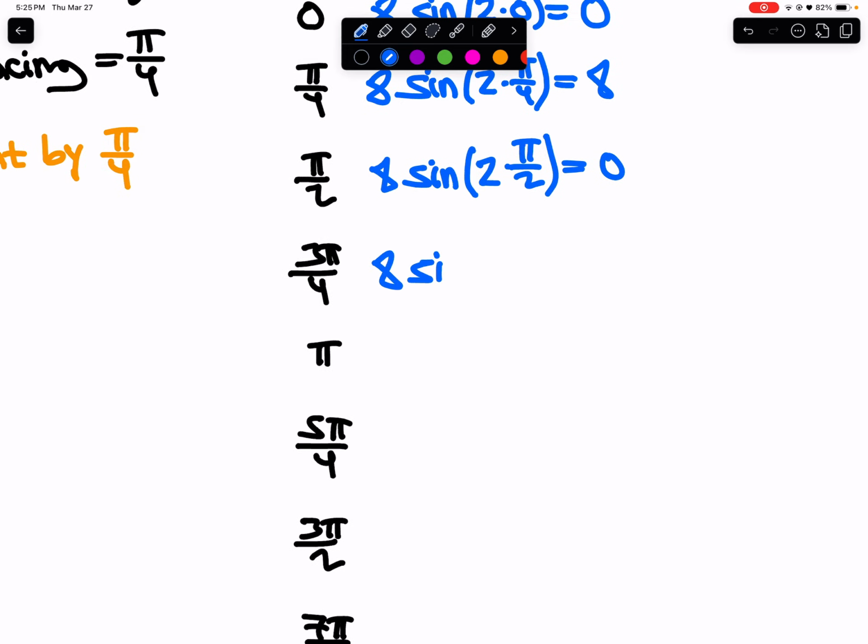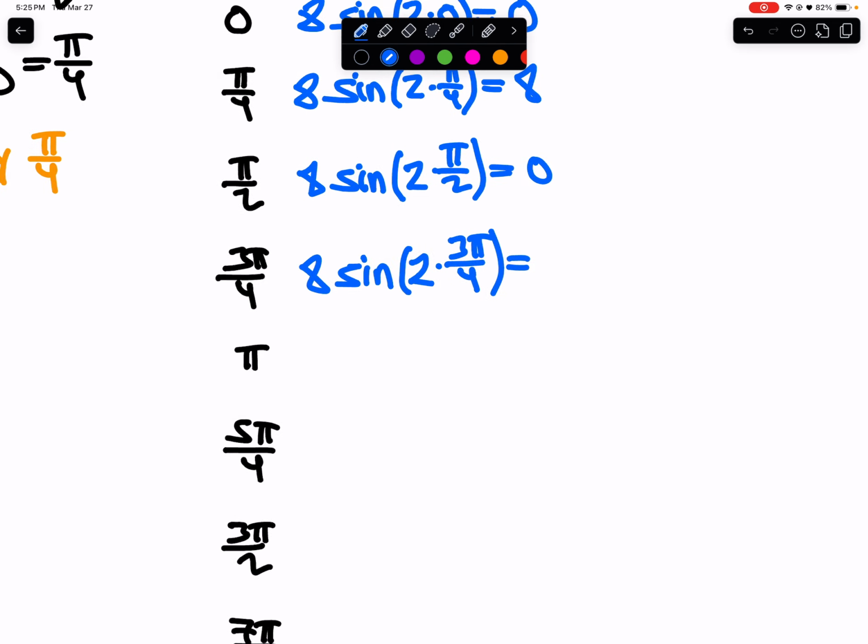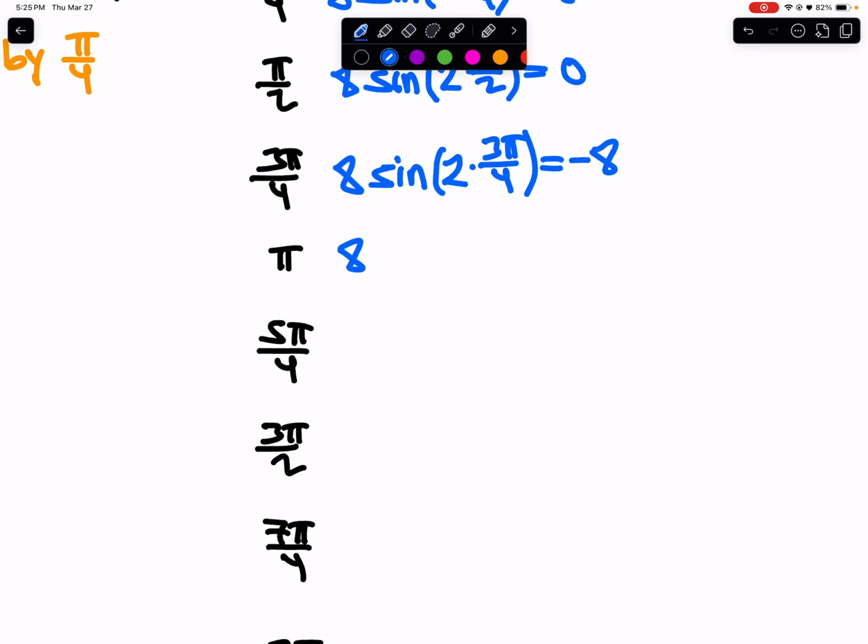And then 8 sine 2 times 3 pi over 4, which tells me that's going to be sine of 3 pi over 2, which is going to be a negative 1 times 8, which is negative 8. Then 8 sine 2 times pi, which is going to put me back at 0.